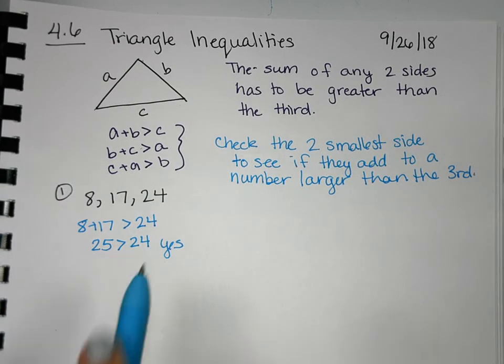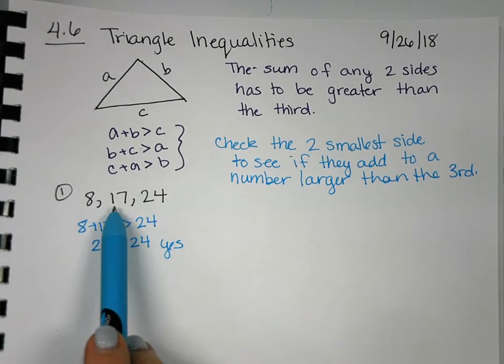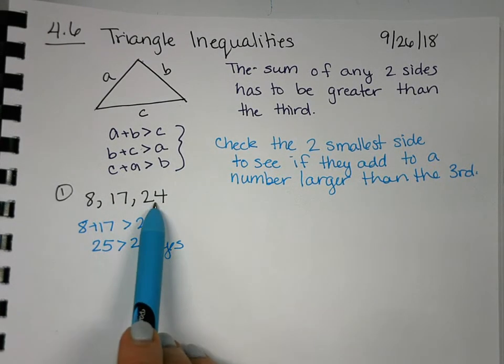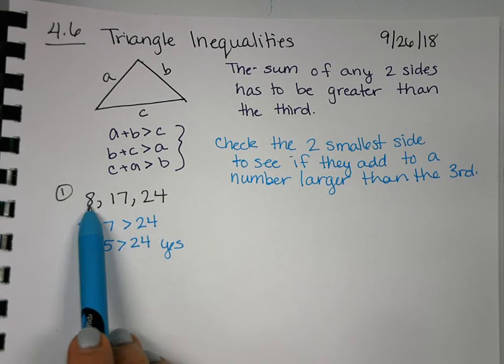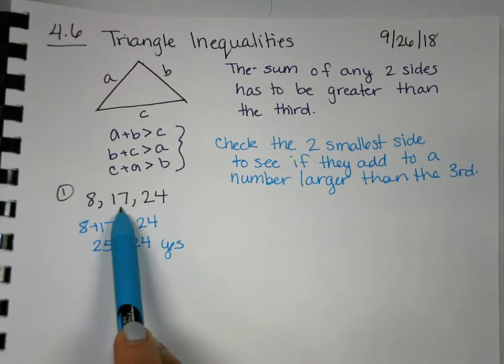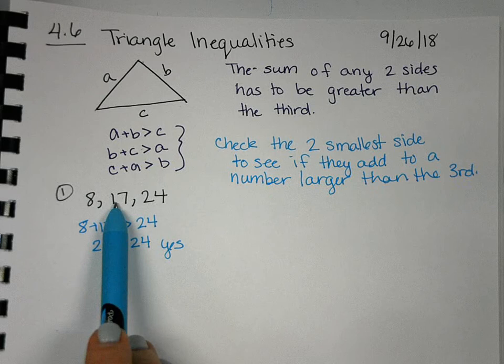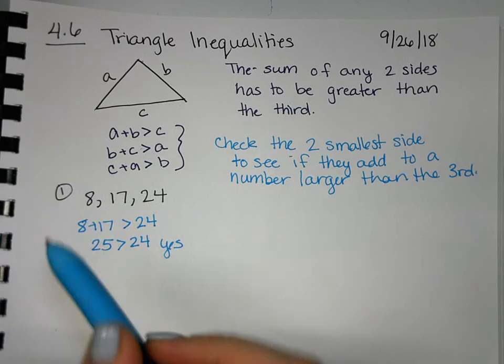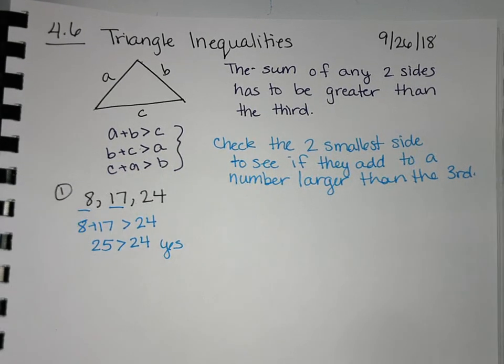Okay, so when you think about it, if we were to try the next one, 17 and 24, well, both of those are already greater than 8, so we know that their sum is greater than 8. And same thing with 8 plus 24. 24 is already bigger than 17. So the other ones, when we try the largest side with one of the smaller or middle sides, it's already bigger than the other one, so we know that no matter what we add to it, it's still going to be bigger. So really we're only going to check the two smallest sides to see if they add to greater than the third.